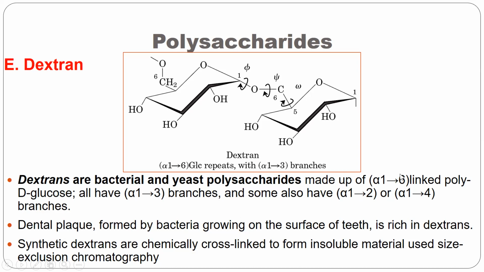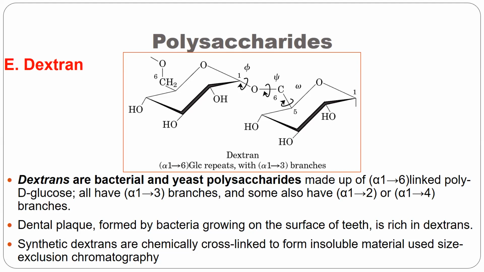I repeat here. It's made up of alpha-1,6 glycosidic bonds between glucose units, and there are branches. When you reach carbon 1, 2, 3, the branching is at carbon 3 for every green part. This is the difference between dextran and the other branched polysaccharides like amylopectin and glycogen.